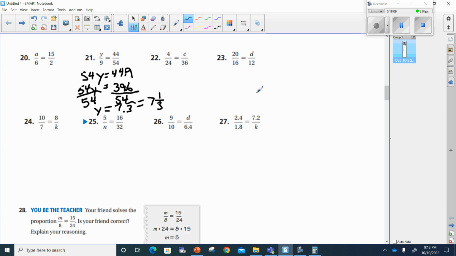All right, let's go ahead and do number 23. This is going to give you 20 times 12. It's going to equal 16D. 20 times 12, well, 2 times 12, that's 24, so this is going to be 240.